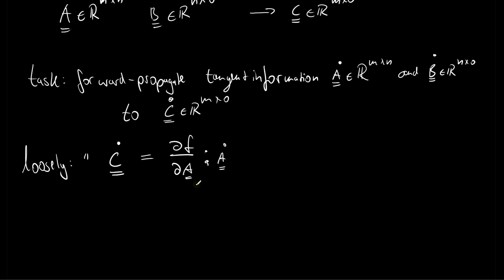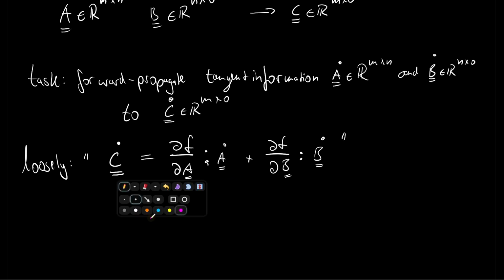It's a little bit informal here in symbolic notation. And then we add the same but with B, so dF by dB contracted with B dot. And I say loosely because working with these higher dimensional tensors in symbolic notation is always a little bit ambiguous.